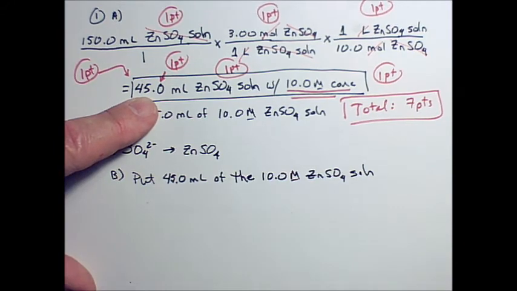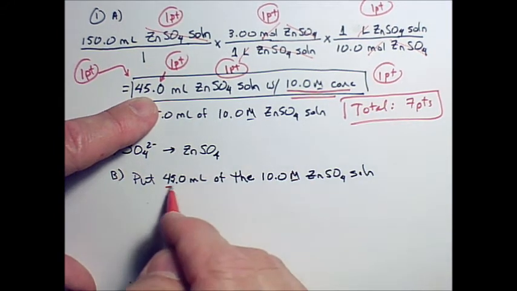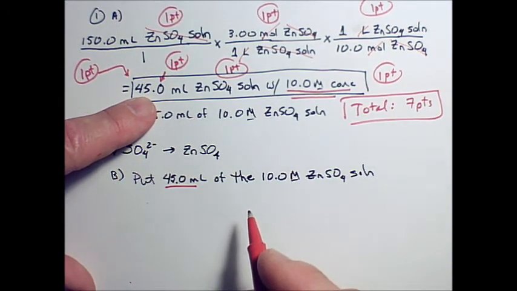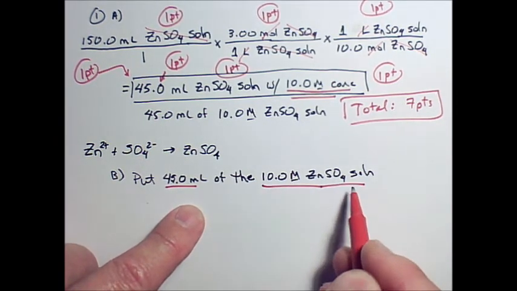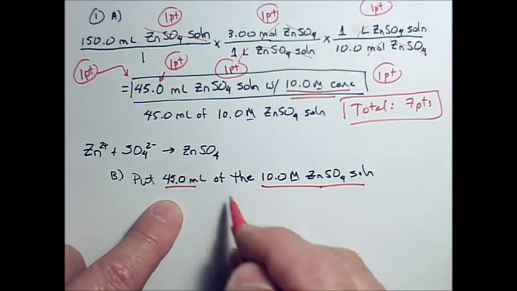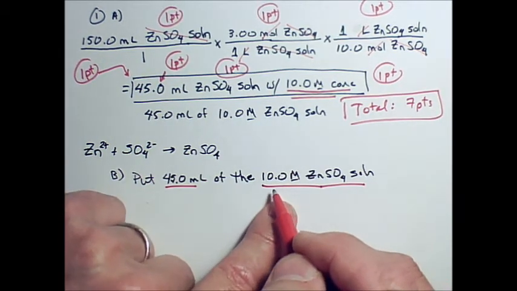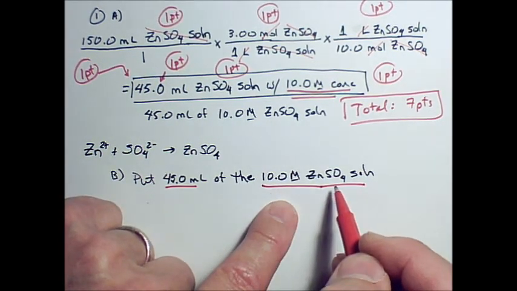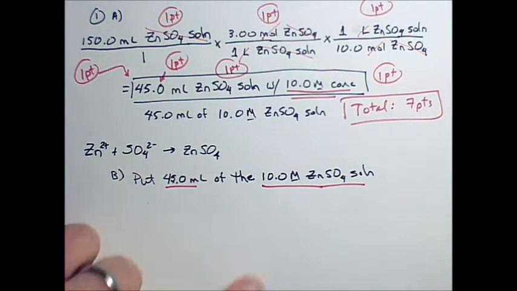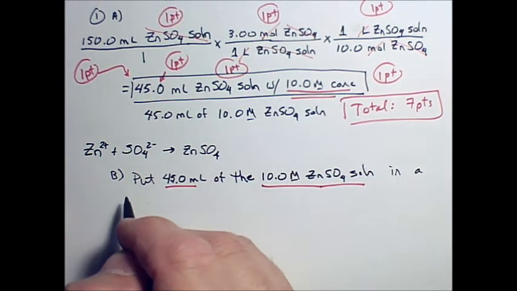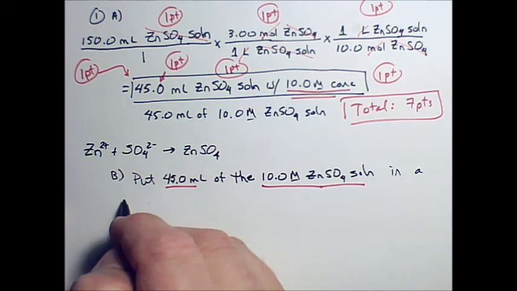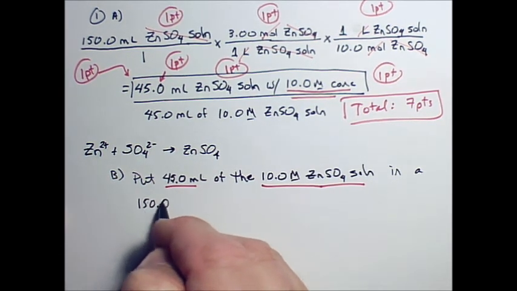The key thing that we're going to start with is the 45 milliliters of solution. The second key thing is this 45 milliliters is the 10 molar solution. Both of those are worth a point: 45 milliliters and the fact that it's the 10 molar zinc sulfate solution. And you're going to put this in a 150 milliliter container.